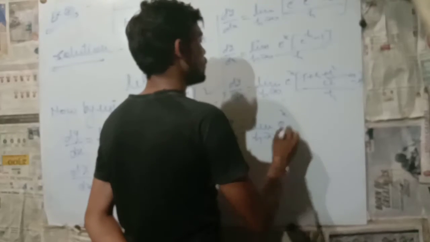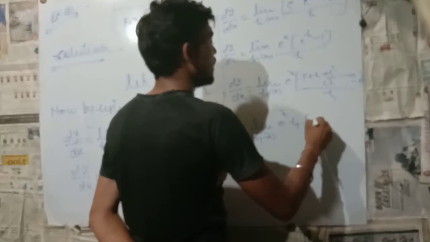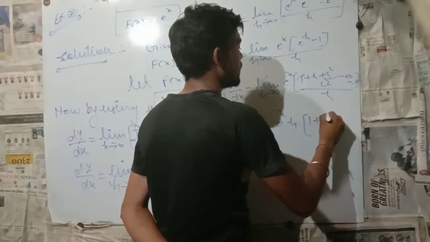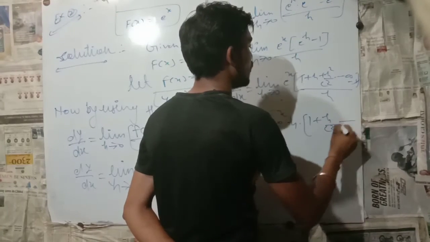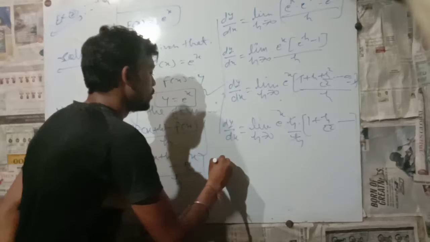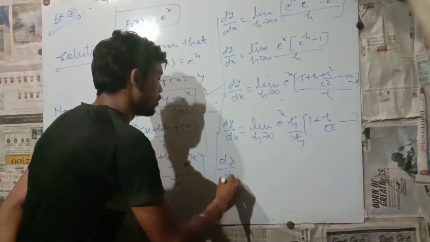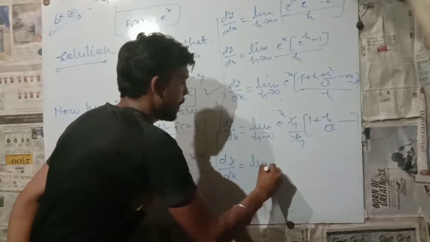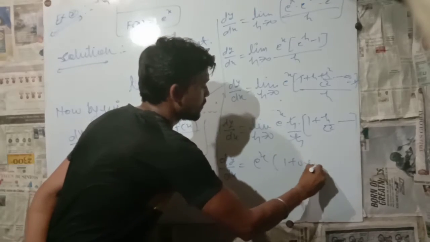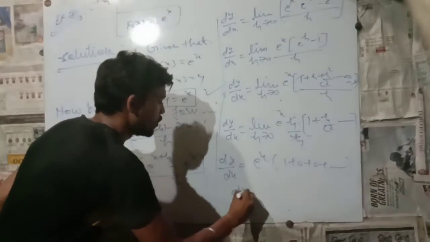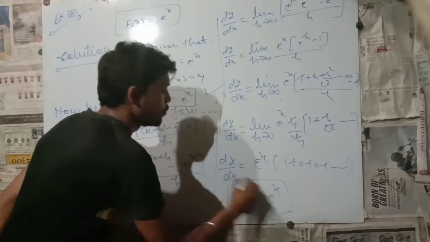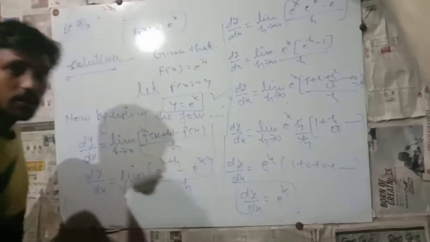Now you can take common h also, then 1 plus h upon 2 factorial dot dot dot, and this h upon h cancels. Now you can put down the limit, and then you will find e raised to power x and 1 plus 0 up to infinity 0. So dy upon dx is equal to e raised to power x into 1.